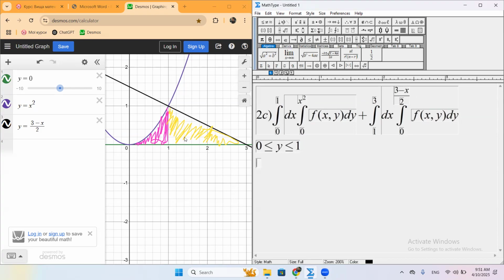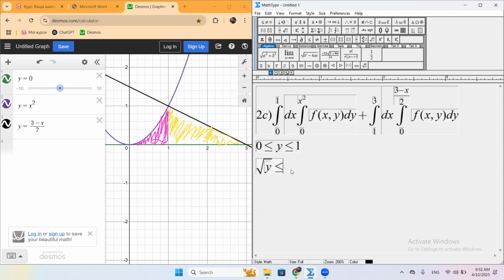Let's transform: x will be equal to square root of y.